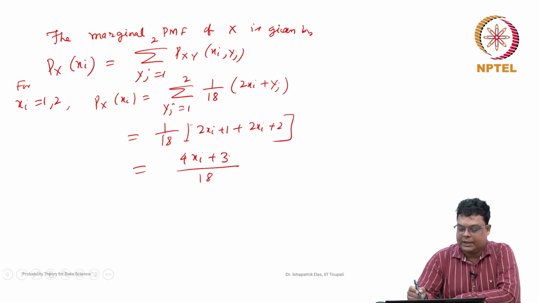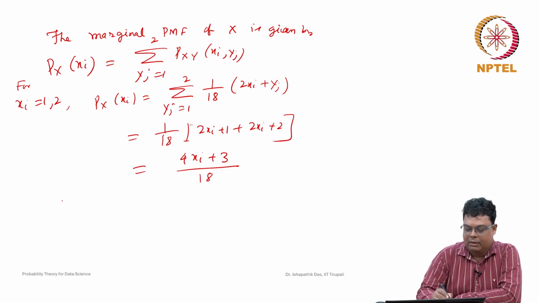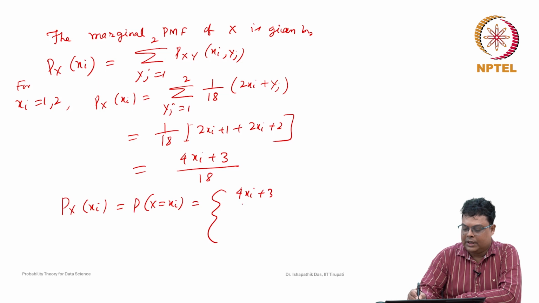So we can write properly that the marginal probability mass function is px of xi, that is, probability of X equal to xi, equal to (4xi plus 3) by 18, whenever xi can be 1 or 2, and it is 0 otherwise.